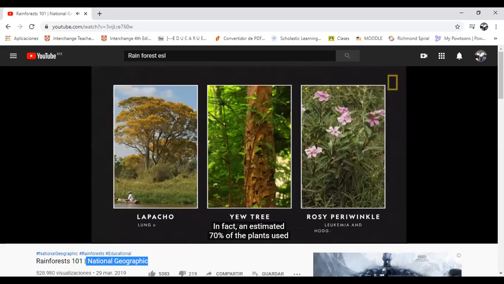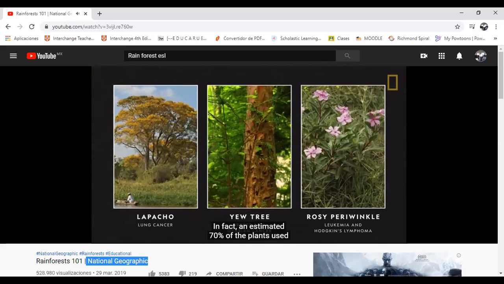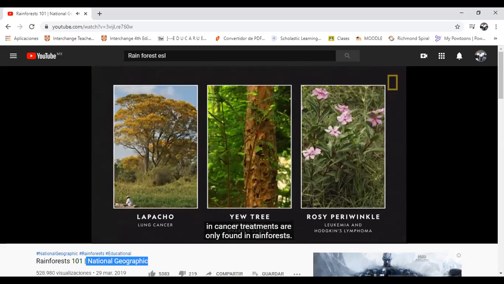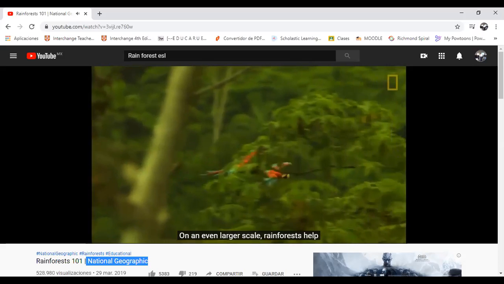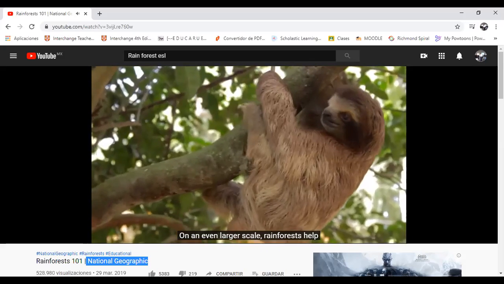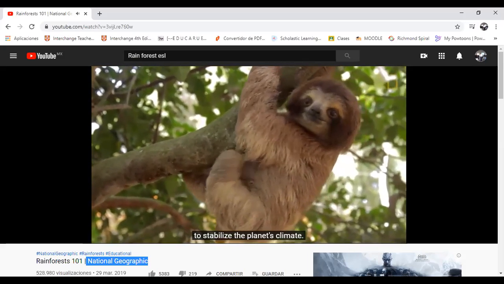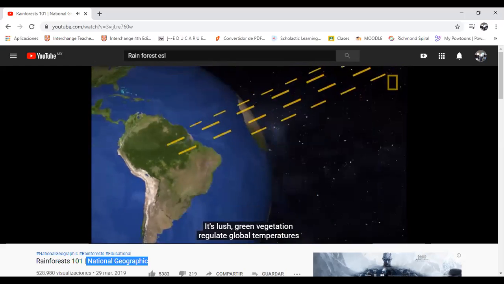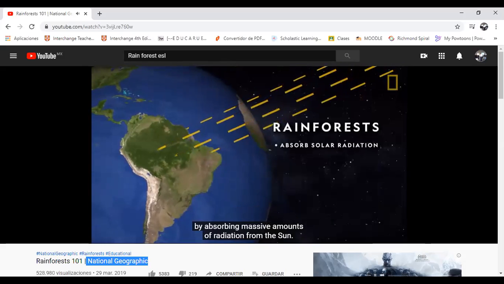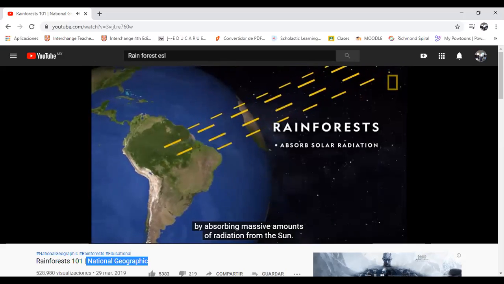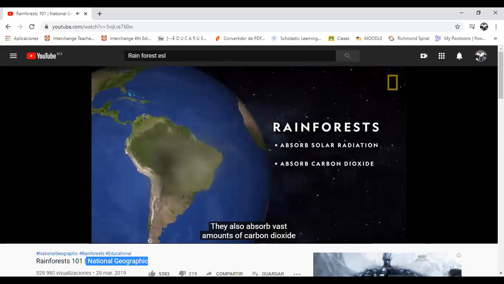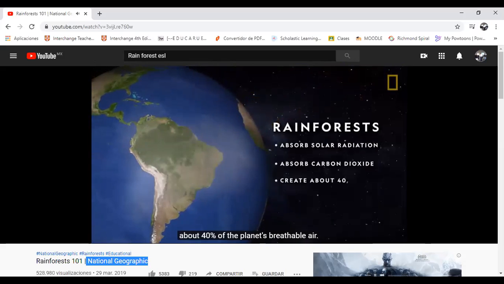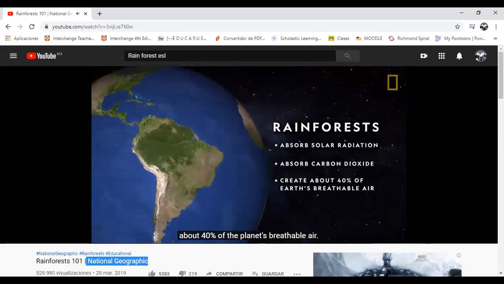In fact, an estimated 70% of the plants used in cancer treatments are only found in rainforests. On an even larger scale, rainforests help to stabilize the planet's climate. Its lush green vegetation regulate global temperatures by absorbing massive amounts of radiation from the sun. They also absorb vast amounts of carbon dioxide and convert them into oxygen, about 40% of the planet's breathable air.